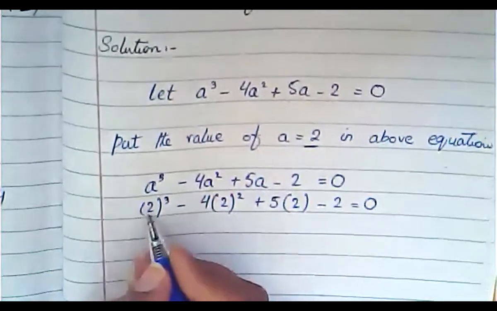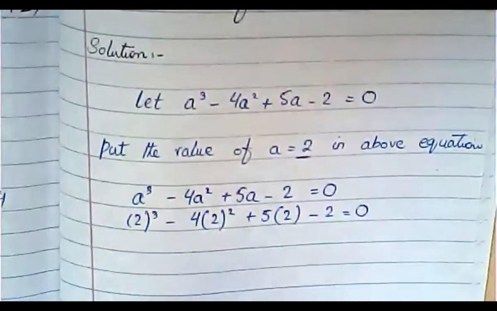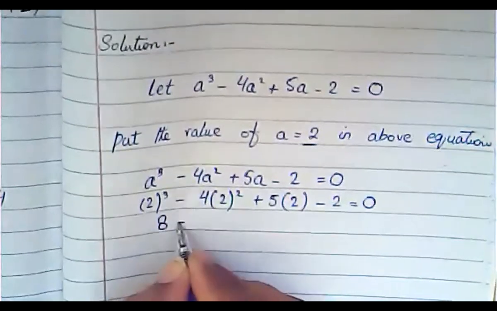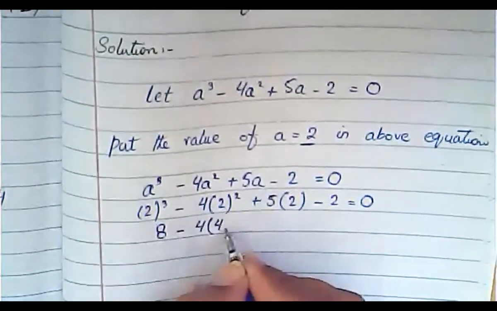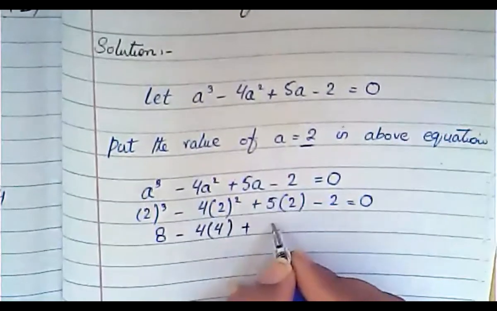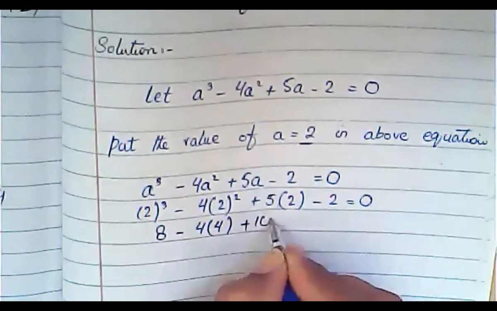Okay, now cube of 2, cube of 2 will be what? Cube of 2 will be 8 minus 4, square of 2 will be 4, plus 5 multiplied by 2 is 10, right?